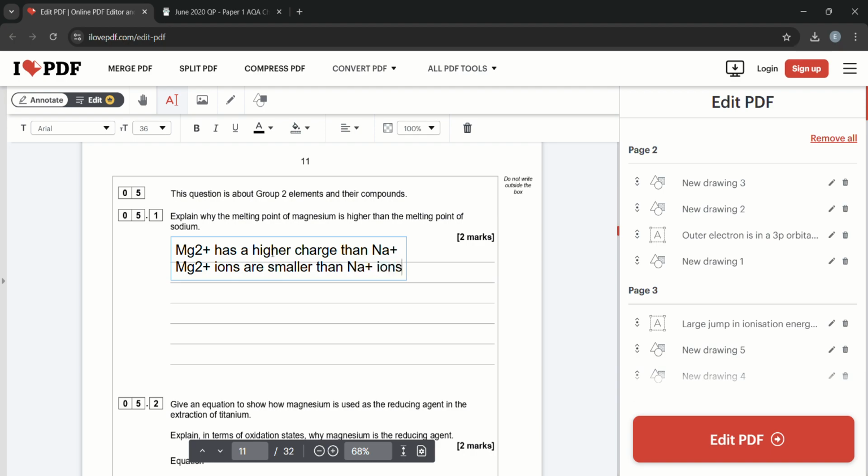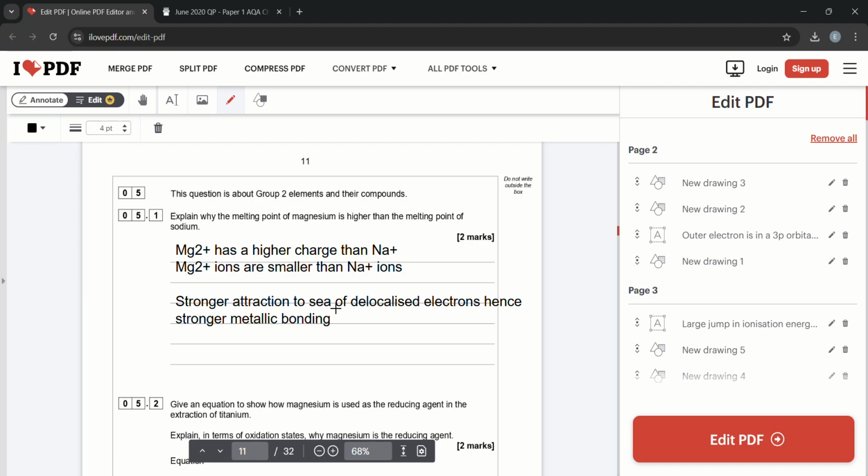Remember, the greater the positive charge, the smaller the ion, and the more negative the negative ion, the bigger the ion. So Mg2+ ions are smaller than Na+ ions. What does this mean? Well, a stronger attraction to the delocalized electrons, hence stronger metallic bonding.